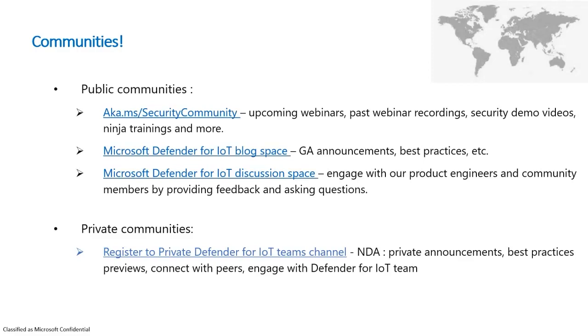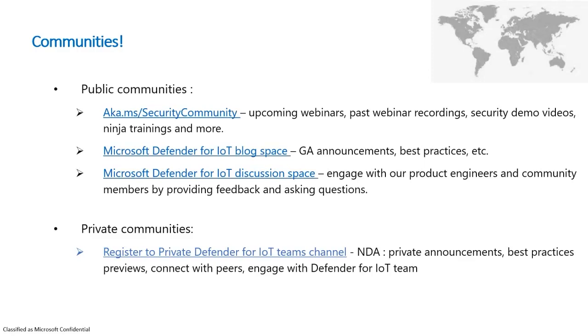Microsoft has a community for all the security solutions and one community specifically for Defender for IoT, where we make announcements for general availability features. We talk about best practices. That's the location where this webinar is going to live after we're done with this session as well.